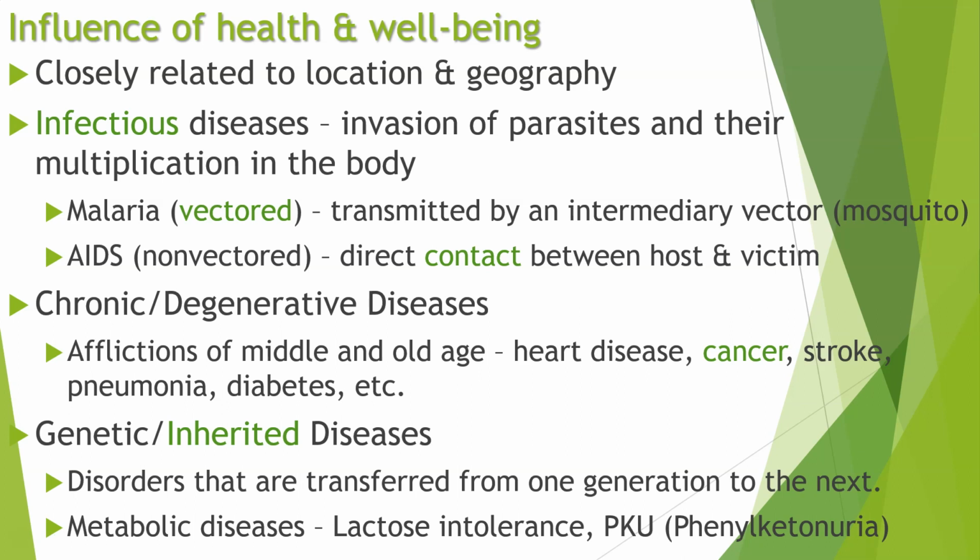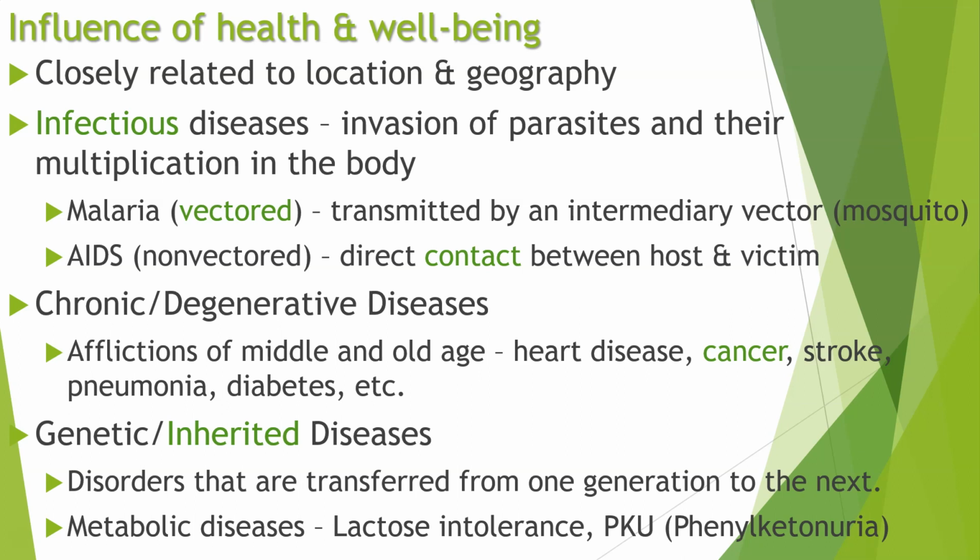Chronic and degenerative diseases, again, something we're going to see more in developed countries as the population ages, things like heart disease, cancer, stroke, pneumonia, diabetes, partially coming from diet as well. And then genetic and inherited diseases that make it from one generation to the next.